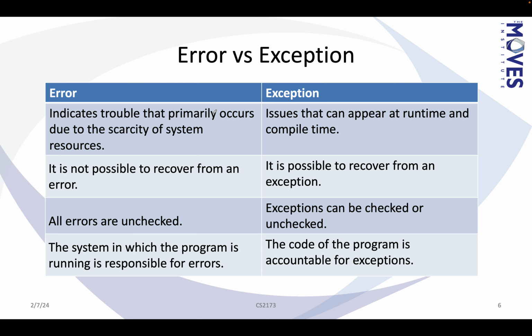Like when the virtual machine runs out of memory, you just can't proceed. They're unchecked, meaning you don't know where they're going to happen or why they're going to happen, and so you can't really deal with them in the program.